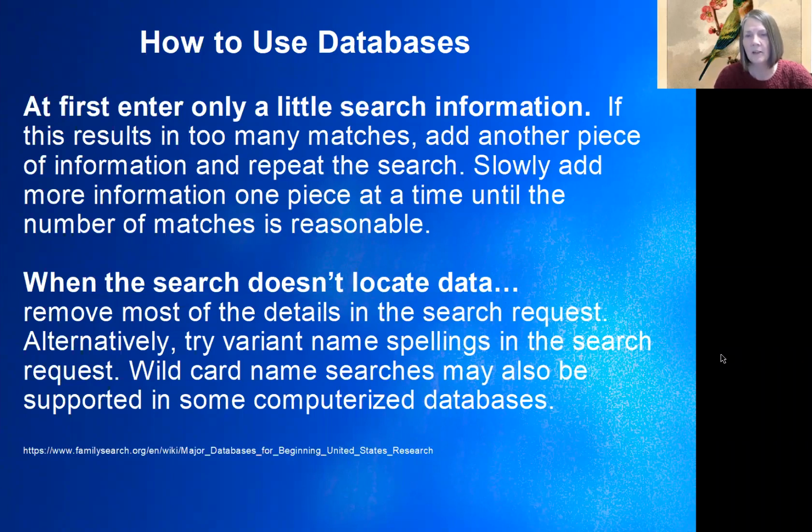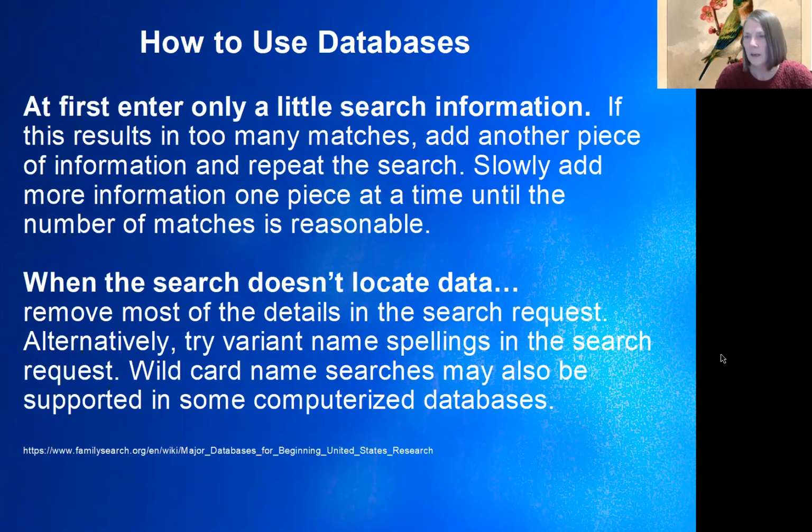If you get too many matches, then add another more detailed piece of information, whether it's a date that's a little narrower or whatever, and then repeat the search and slowly add more information until you come to the number of matches that you think you can deal with. If your search doesn't locate any data at all for you that you can use, then remove most of the details in your search request. Again, go back to the general and try again.